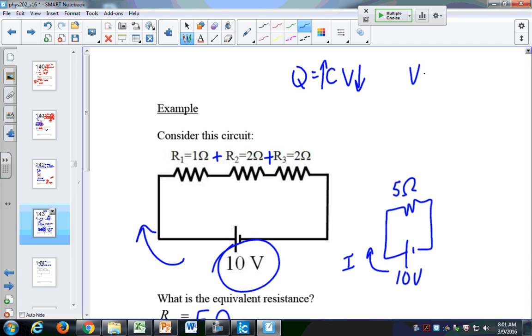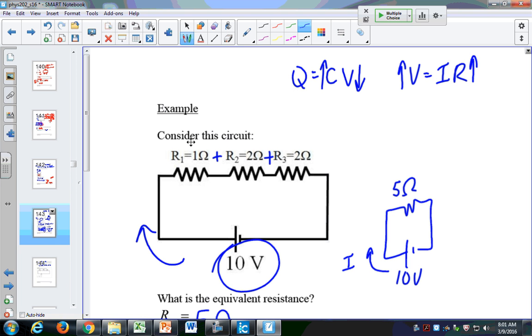But with resistors, V is equal to IR. So if R is big, that means V is big. So our big resistors will have a big voltage, and that was different for capacitors. So I have a small voltage here, and a big voltage by a factor of 2. The only numbers that can do that are 2, 4, and 4. That will add up to 10.